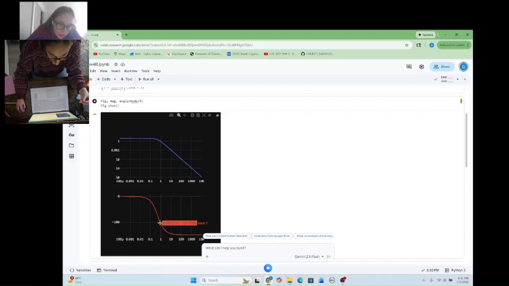Our crossover frequency is still at 0.87, so let's look for 0.87 up here. It looks like our amplitude ratio is 1.23. With our amplitude ratio being over 1, we're going to have instability. That is why we have instability.